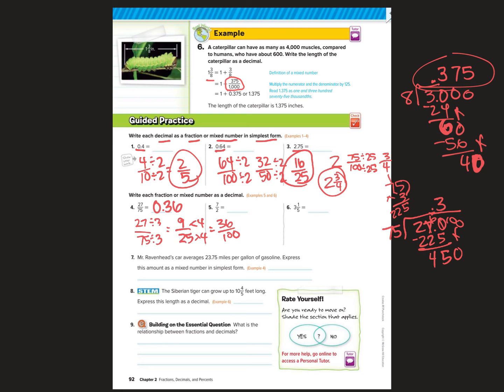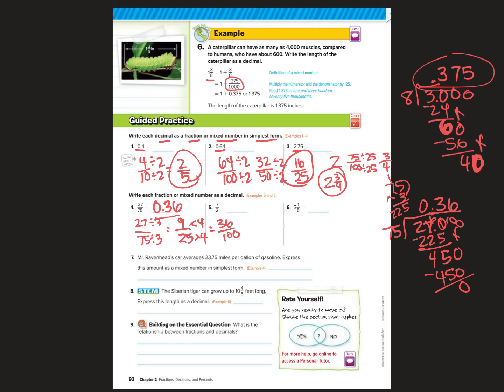So we know that 275 is 150, which means 4 would be 300, which means 5 would be 375, which means 6. Which I should have known because I already know the answer. So that would be 450. So both ways, I get a decimal of 36 hundredths.